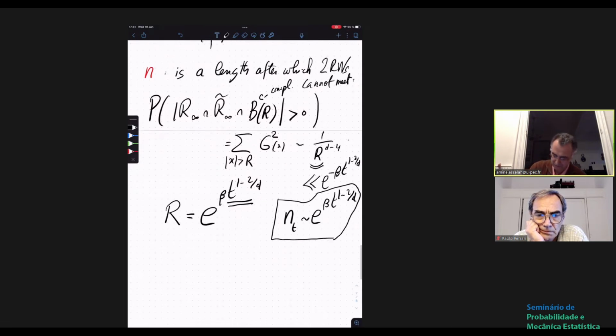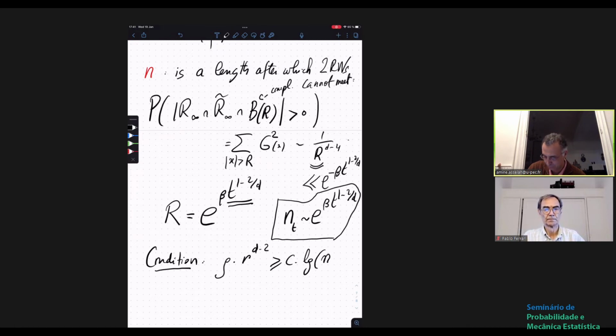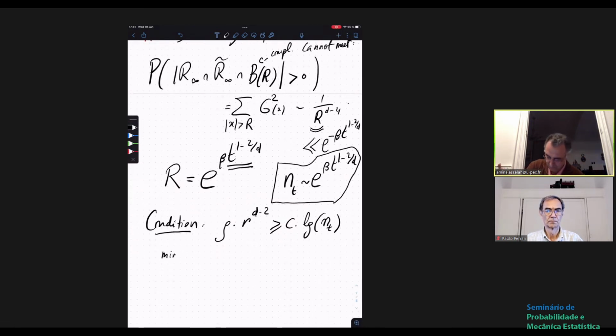But then what is my condition on which I can probe? The condition that I was telling you about was saying that if the density times the radius to the d minus 2 is bigger than c log n, and here I'm going to plug in this log n as t, then I can control the size of, let's say, the high density level sets. And there is a small miracle which makes us lucky here.